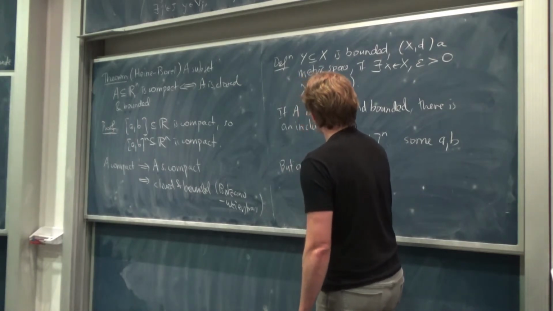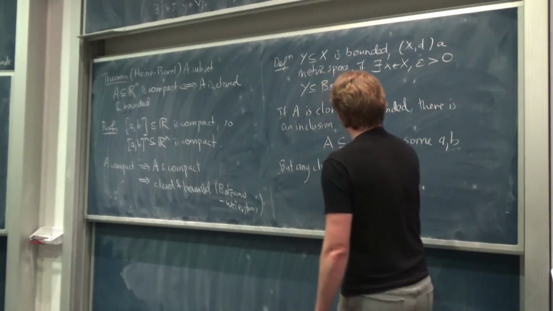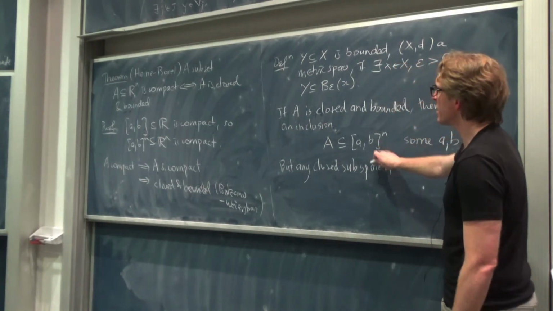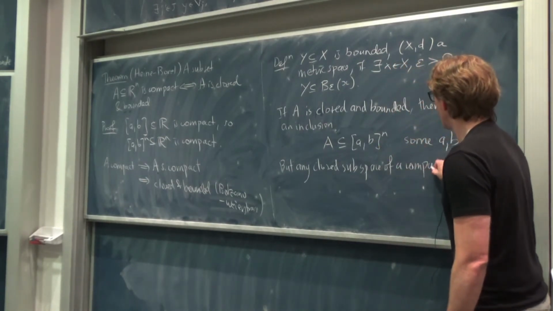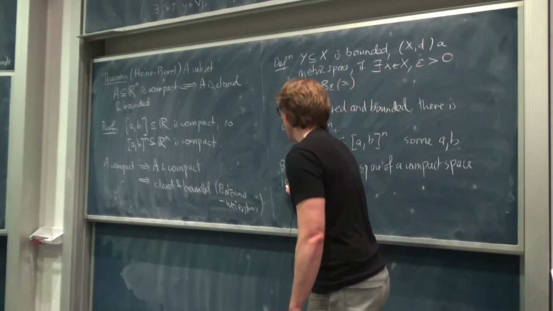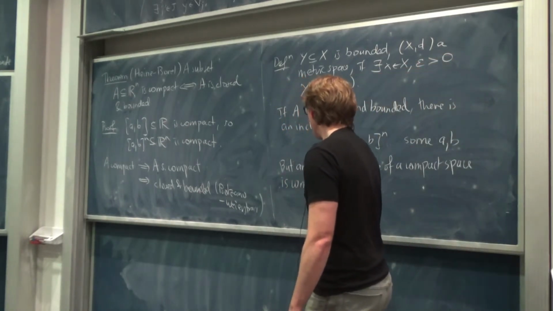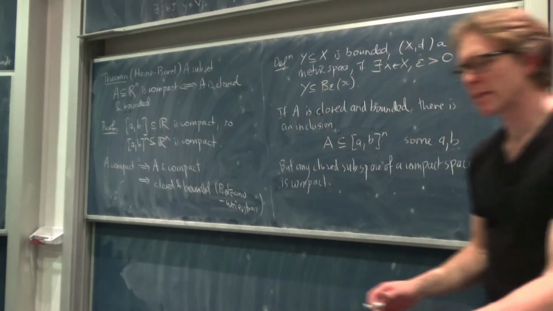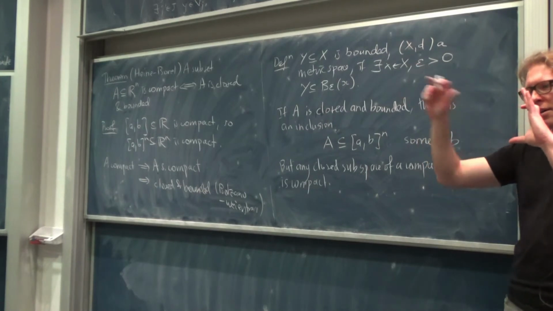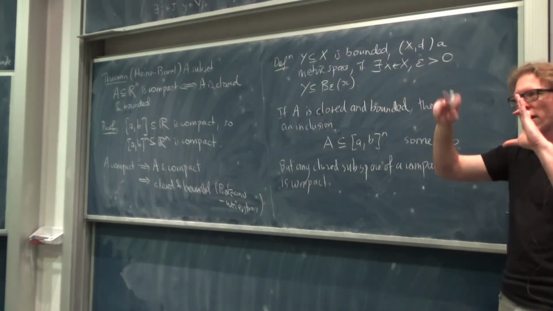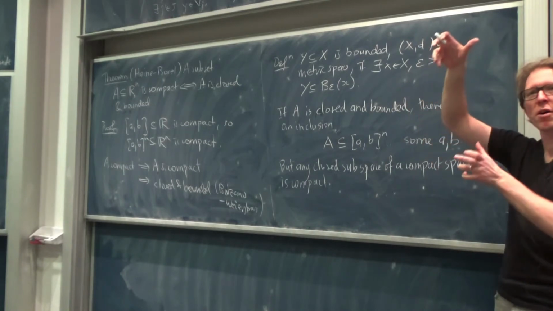But any closed subspace, okay, we know this is compact, as we just discussed, but any closed subspace of a compact space is compact. I've left that as an exercise in the notes. That's straightforward. If the space is compact and something sitting inside it is closed, then you take an open cover of that closed thing, throw in the complement.